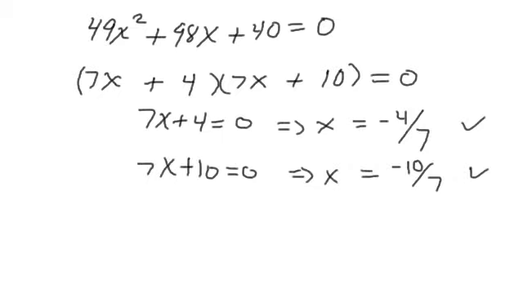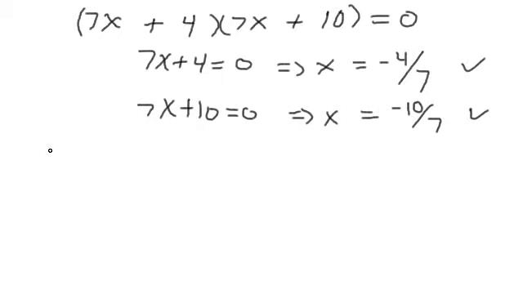So 49x squared. We're going to have y is equal to 49, and we'll do this one here, negative 4 over 7 squared.